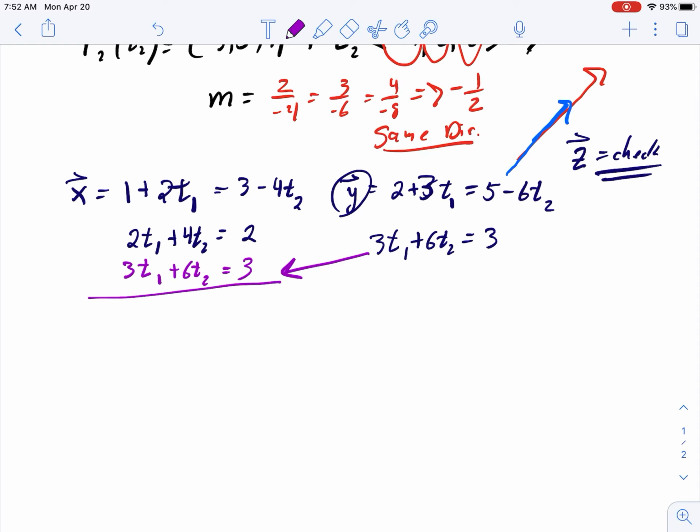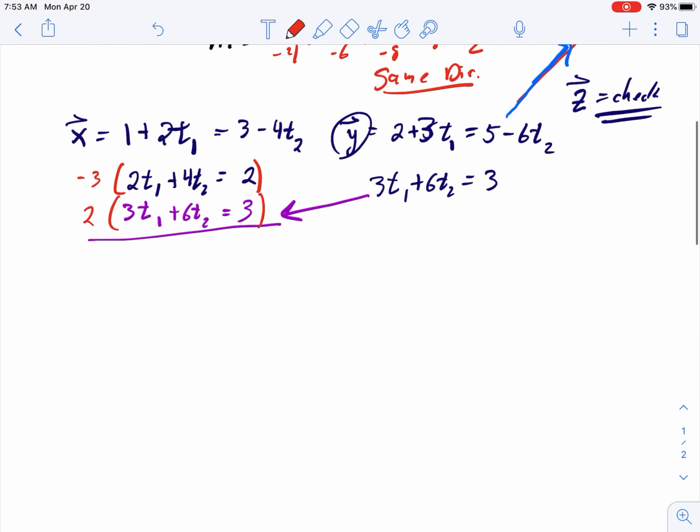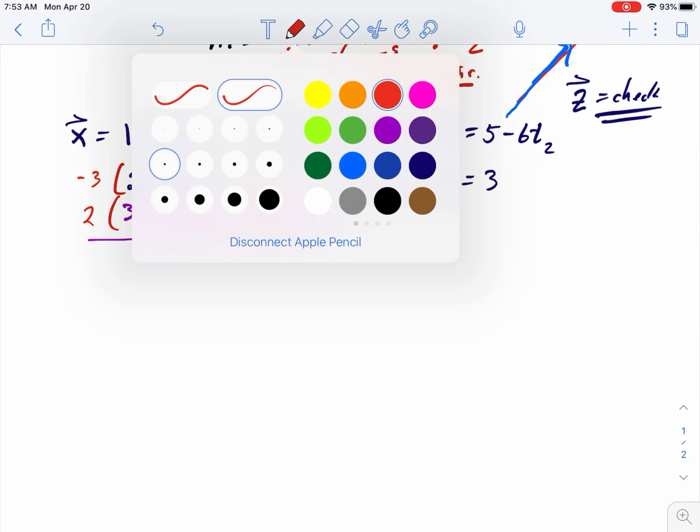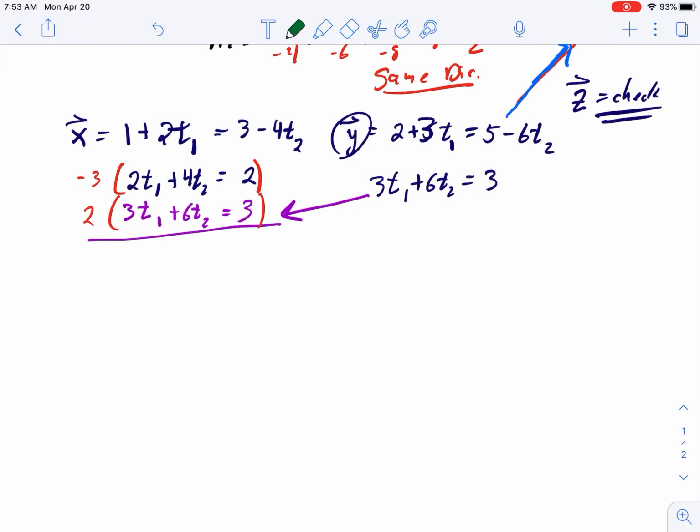All right. So what we've got to do here is try to eliminate one of these values. I'm going to eliminate my t1s. So I'm going to multiply this whole equation by -3 and this whole equation by 2. So what will I get here?